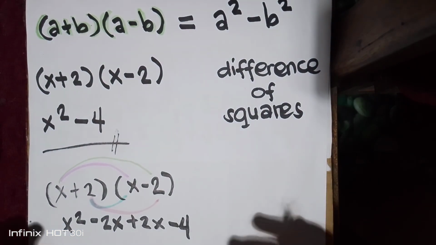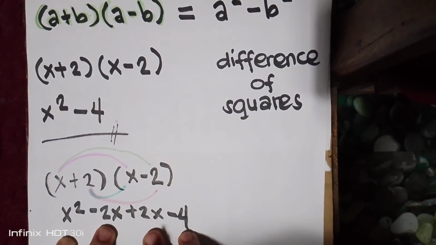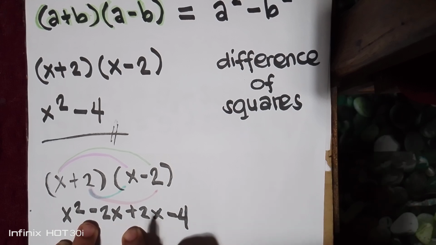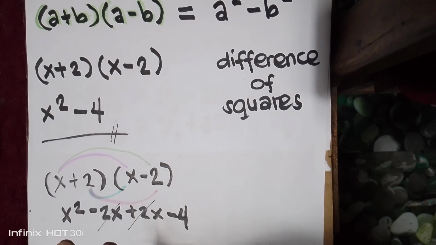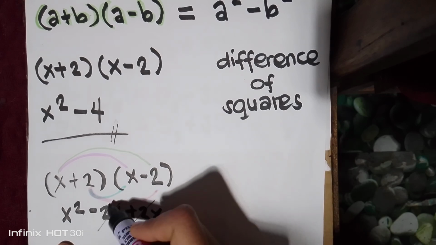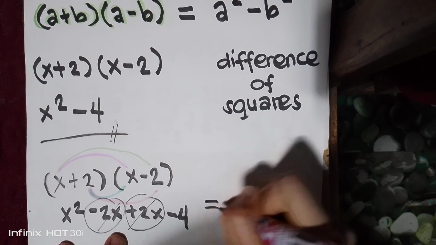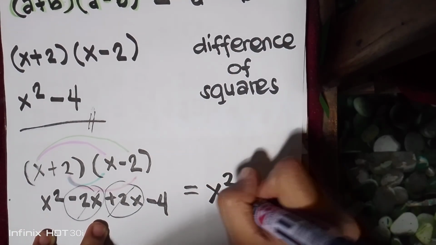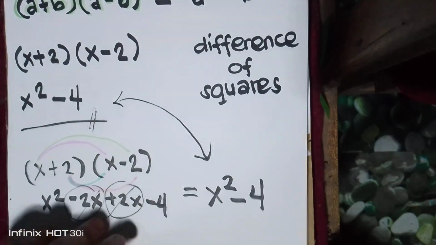Now, we observe that it has like terms. The like terms have the same numerical coefficient and variable, but they have different signs. Therefore, we can cancel them because they are just going to be equal to 0. So, removing these, what remains is x squared minus 4. So, it is just the same.